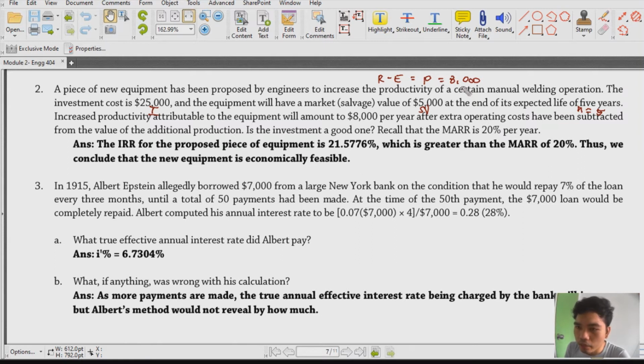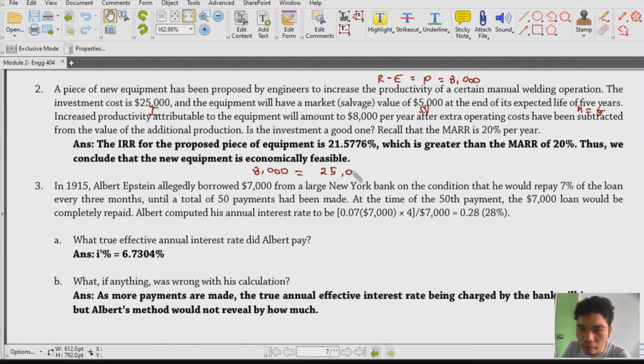So like the one that I did before, I'll be using the annual worth method, knowing that my R minus E is equal to 8,000. So we could just say that this is 8,000 and this should be equal to our capital recovery.